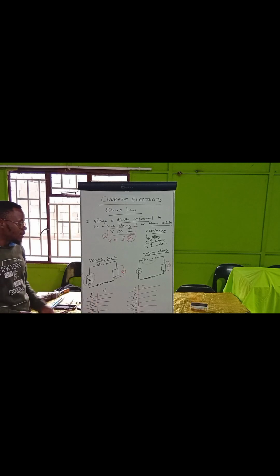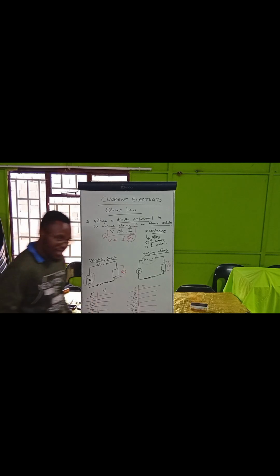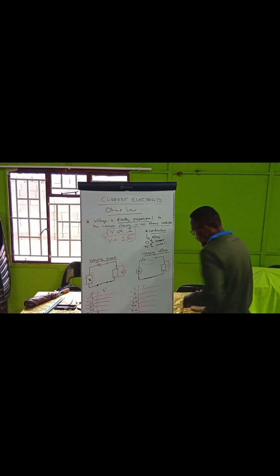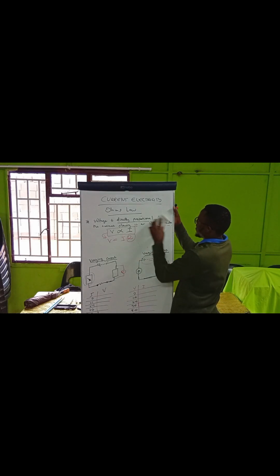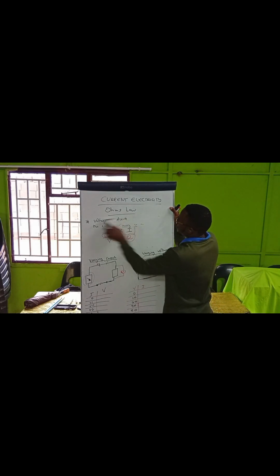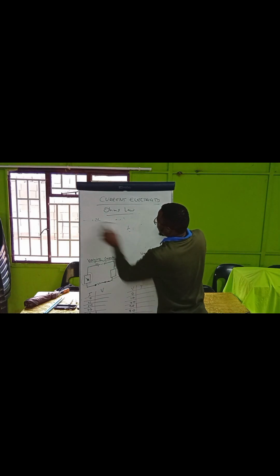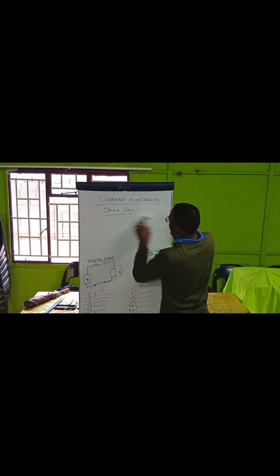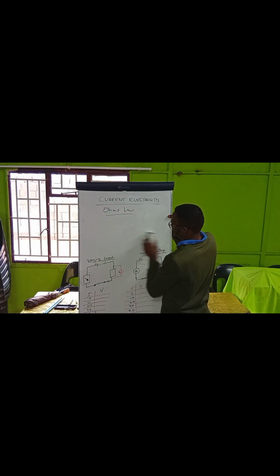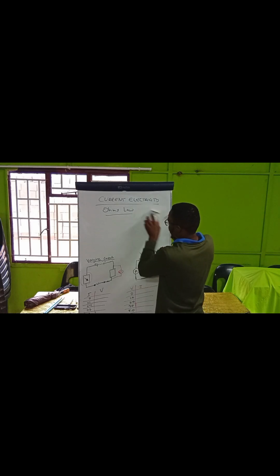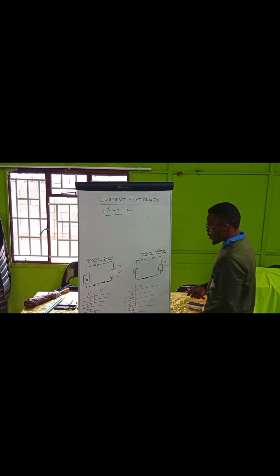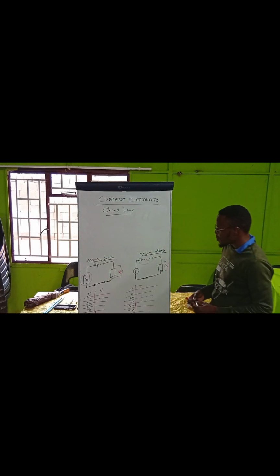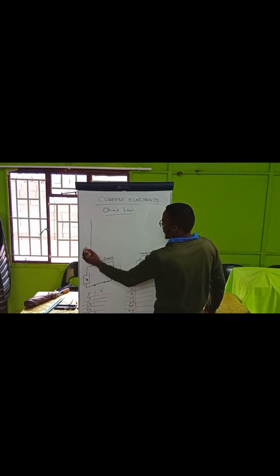And then with the results that he recorded, he drew up a graph to illustrate the relationship between current and voltage, or voltage and current. So for this particular graph where he was varying the current, he noted that it was like this.